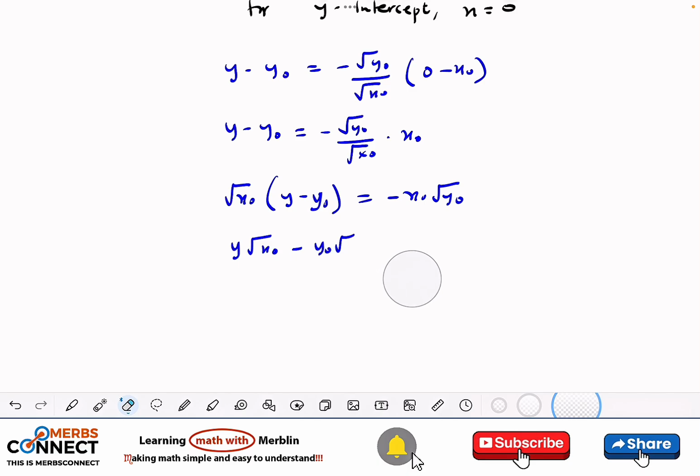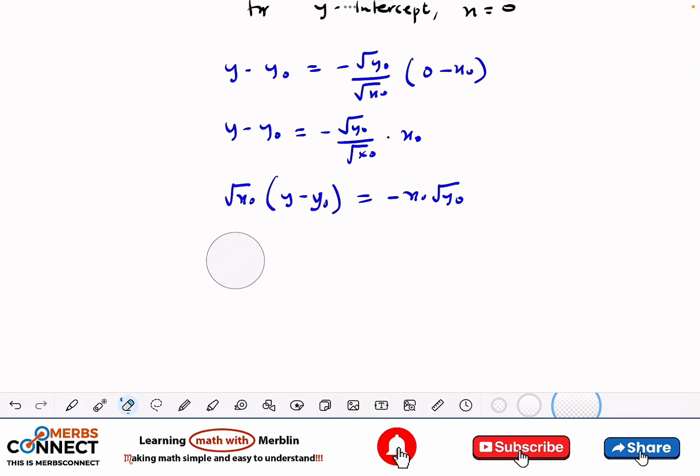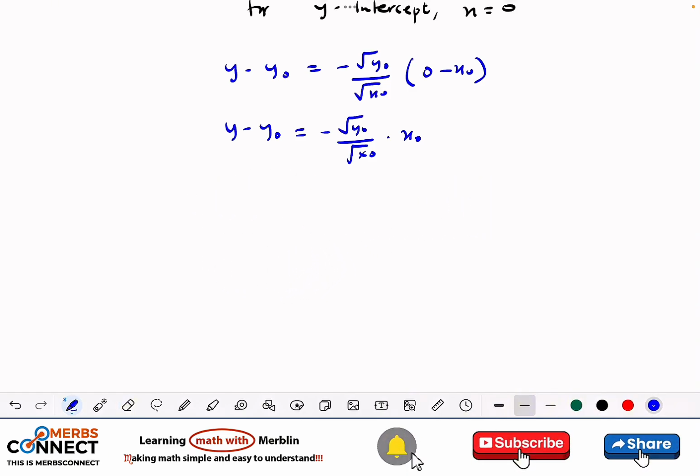We are basically trying to find y, right? So instead of multiplying through by that, it's not a good idea, but rather moving y naught to this side. That one will be a good idea. Good, let's do that.